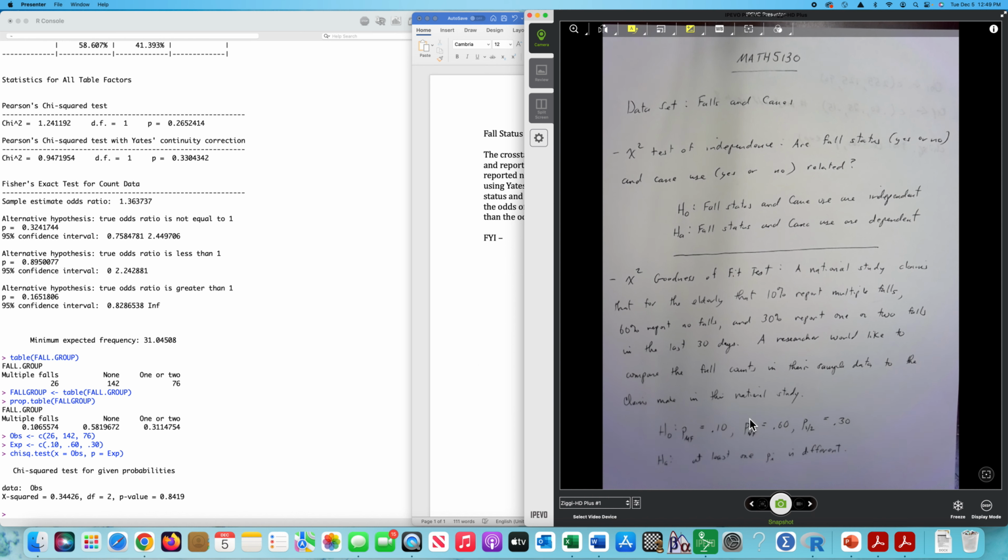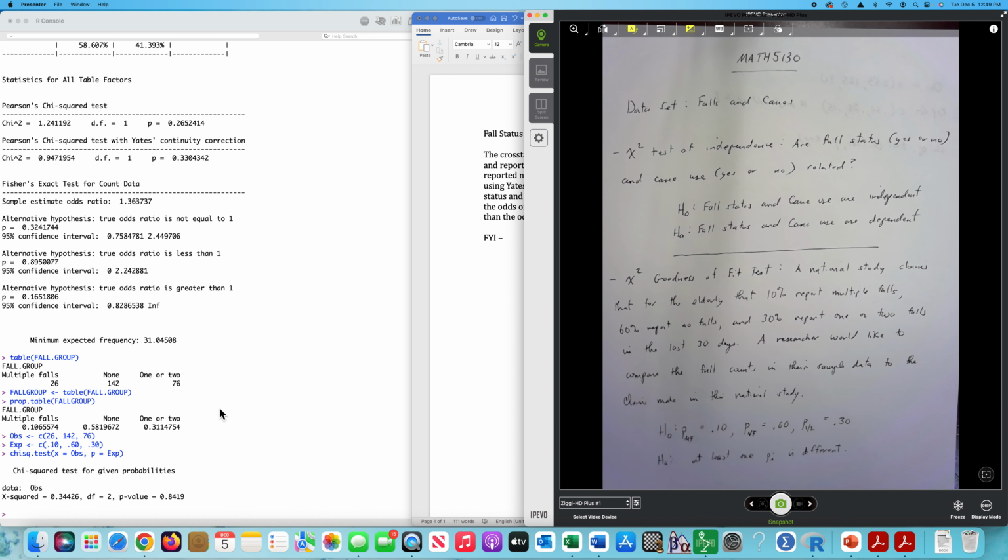So the null hypothesis would be that the percentage with multiple falls, that's what MF stands for, is 10%. The percentage with no falls, that's what NF is in this context, is 60%. And the percentage of those with 1 or 2 falls is 30%. The alternative is that at least one of these is different.